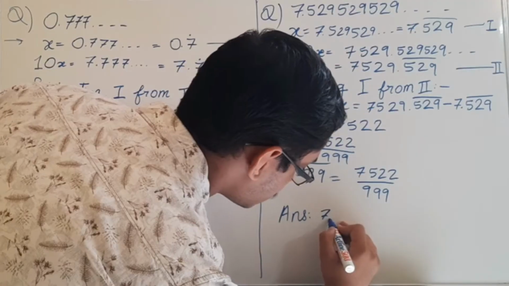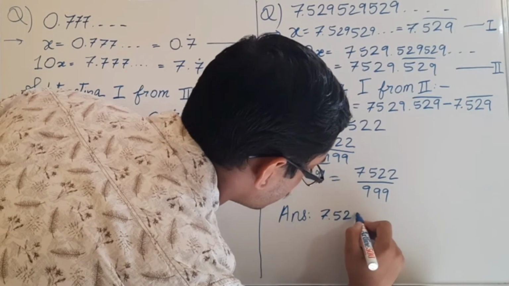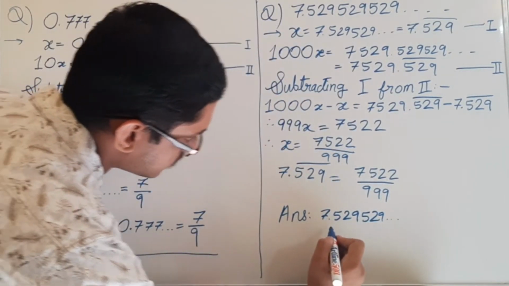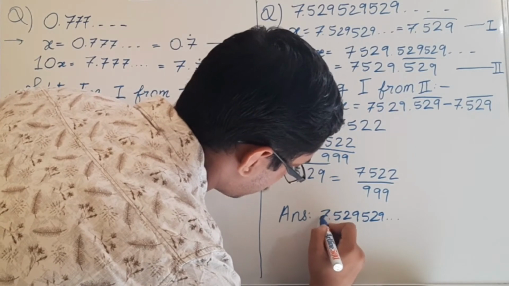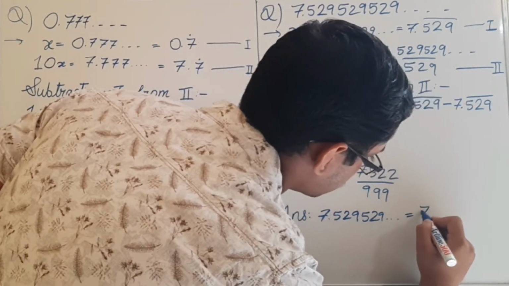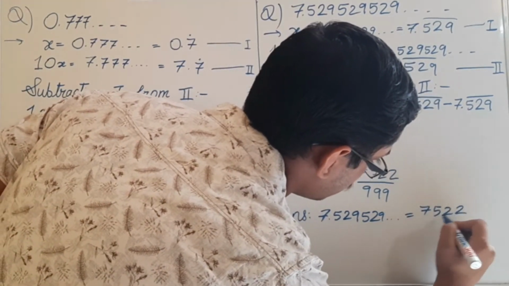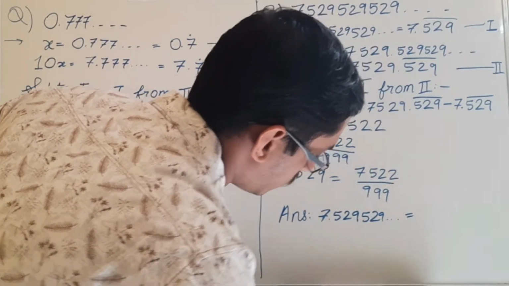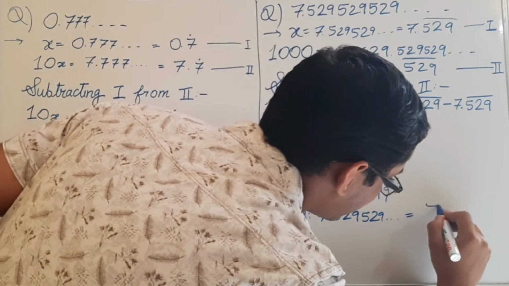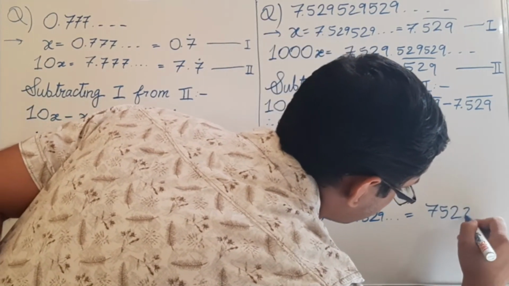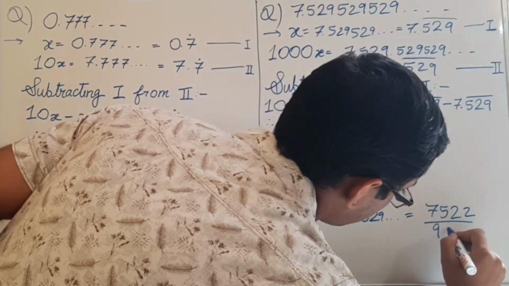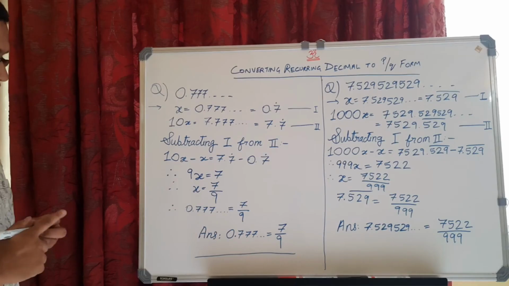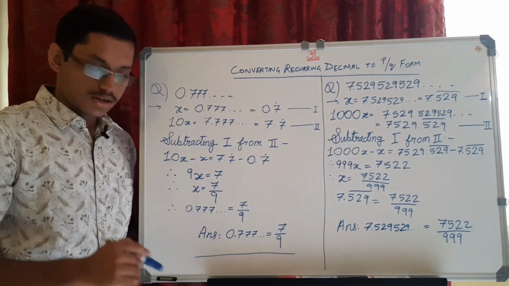So 7.529529, write it like this, is equal to 7522 by 999. Okay, understood?